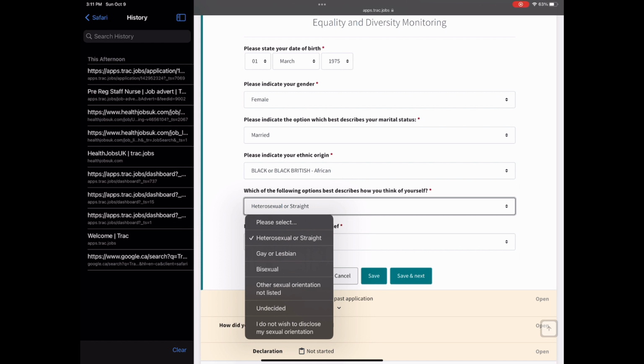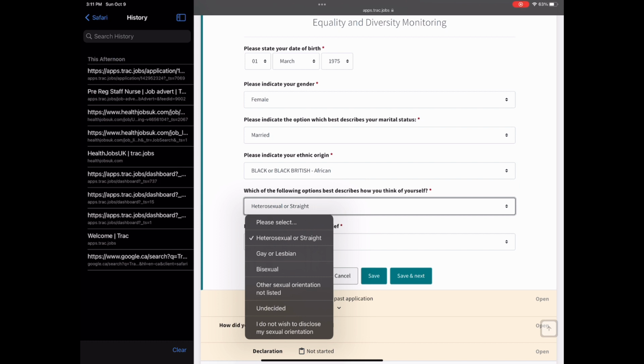And then heterosexual or straight, if you're attracted to someone of the opposite sex, you're a lady, you're attracted to guys, then you pick heterosexual or straight. If you are a lady, you got married to a man, you pick heterosexual or straight. Some persons have picked bisexual because they didn't understand what heterosexual or straight meant. But when you tell them, oh, see what you picked, they'll say, no, that's not what I intended to pick.